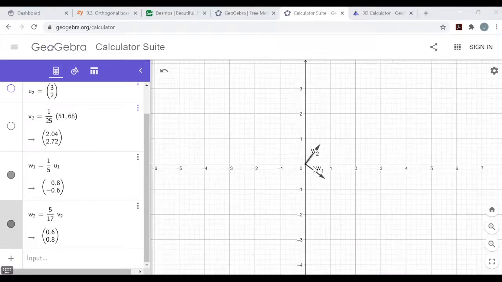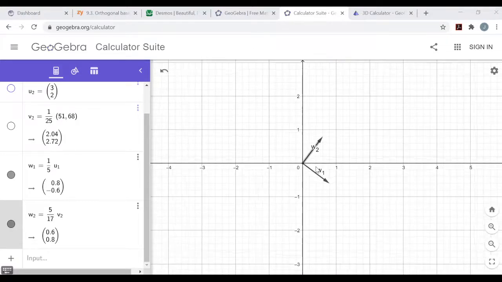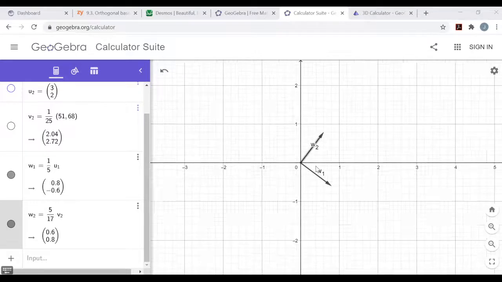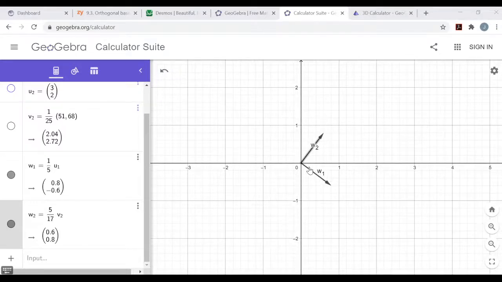They form a 90-degree angle, and they're both 1 unit long. So really what this is here is kind of a rotation of the standard basis vectors for R2. Remember, the standard basis was 1, 0, 0, 1. Those are orthonormal, right? They form a 90-degree angle and are 1 unit long. This is just that kind of rotated a bit, clockwise.